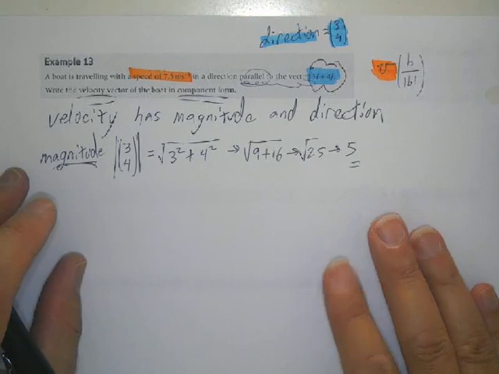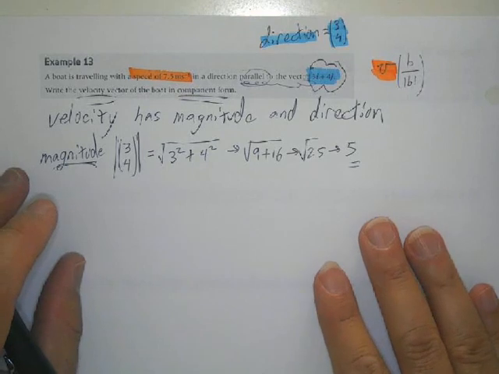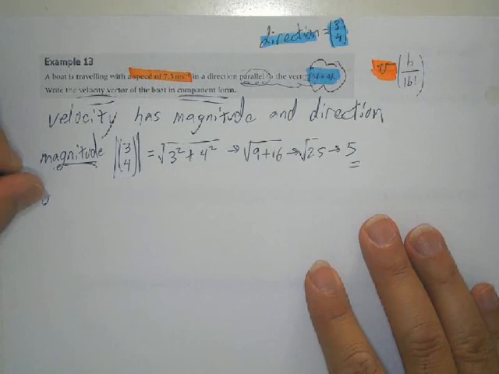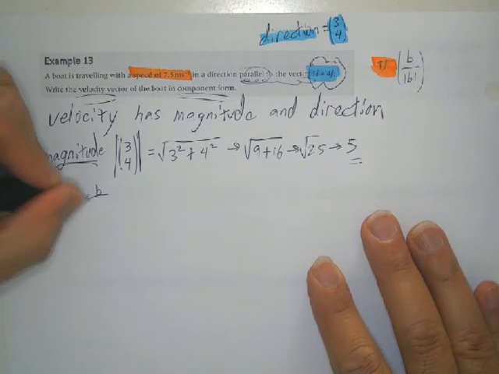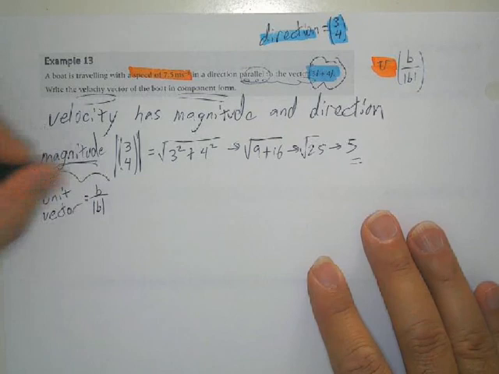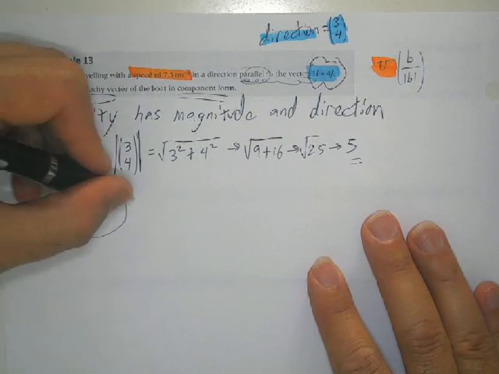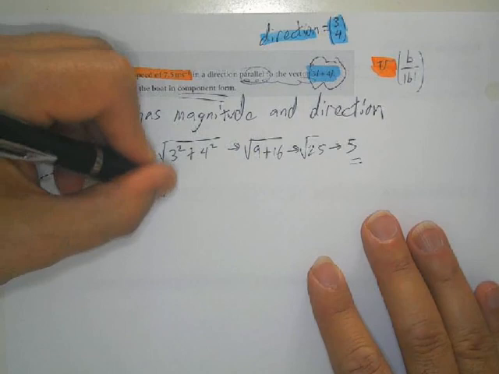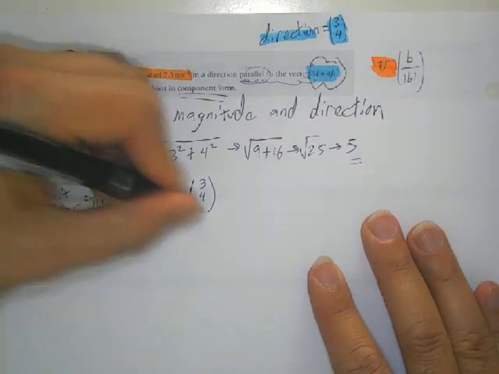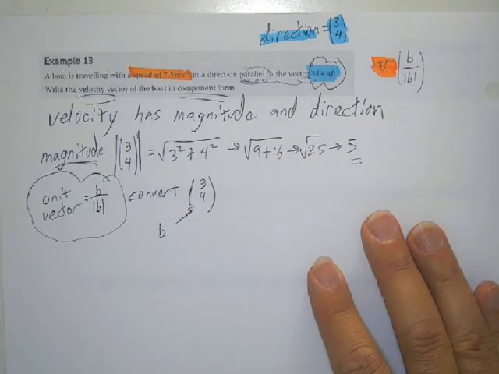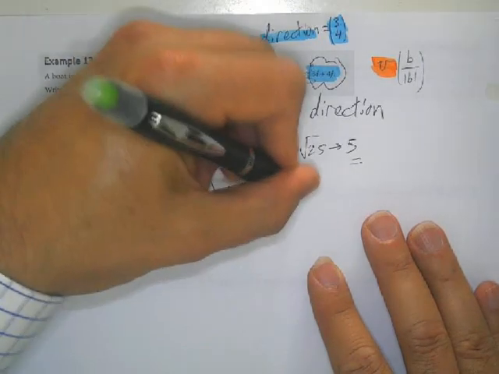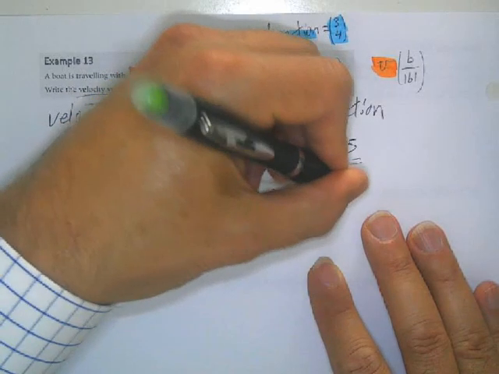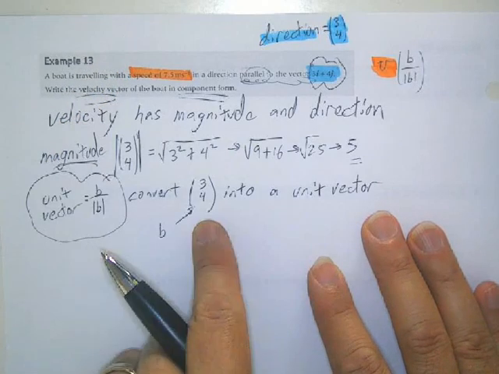So to make it a unit vector, remember it's equal to b divided by the magnitude of b. So we're going to convert 3, 4 into a unit vector. So we're going to divide it by our magnitude of 5.